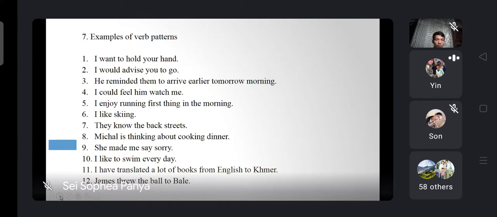Number 7, they know the back streets. 8, Marshall is thinking about cooking dinner. Number 9, she makes me say sorry. 10, I like to swim every day. 11, I have translated a lot of books from English to Khmer. 12, James threw the ball to Will. So here are the examples of the verb patterns.